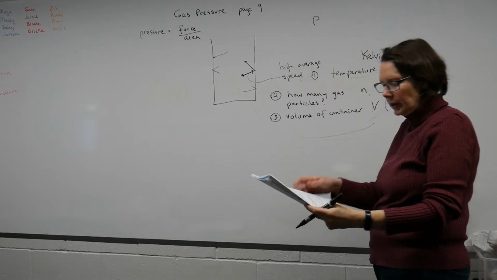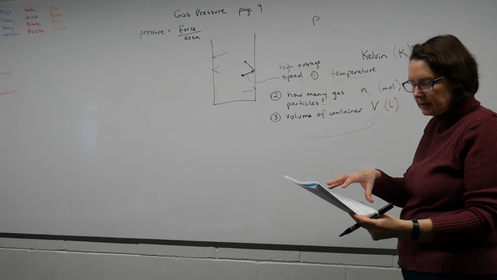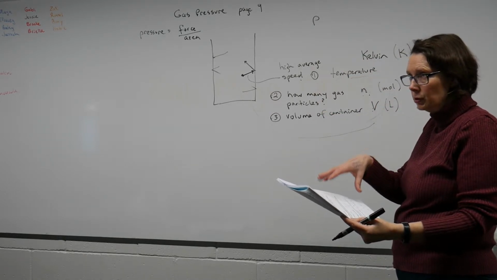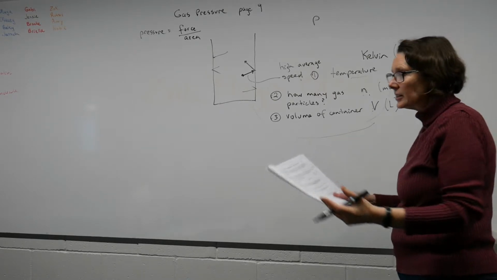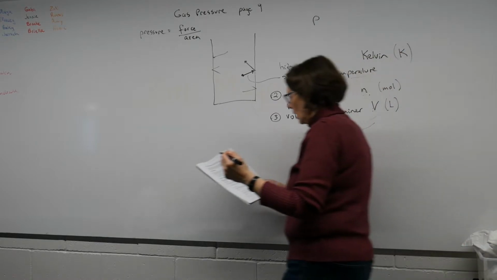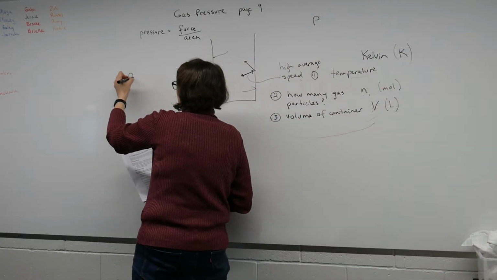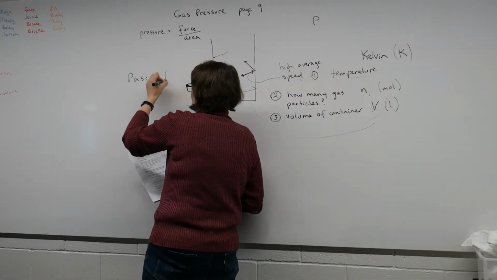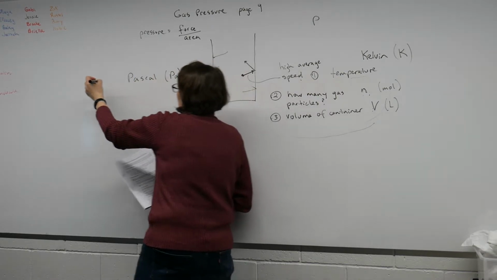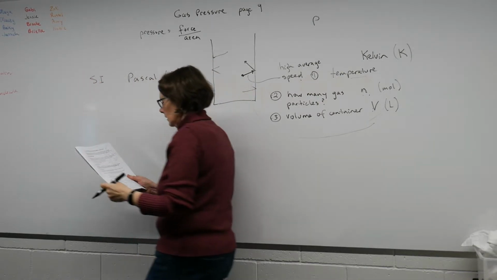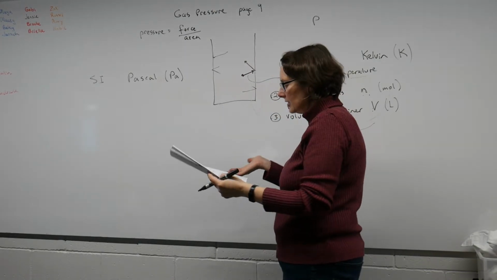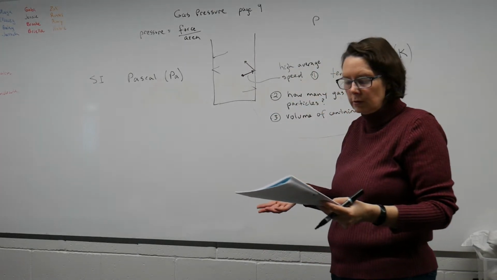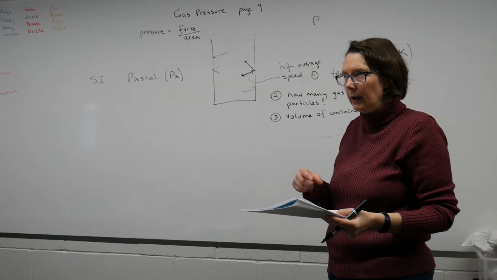And as we look at on page 9, we can see that there are a number of different units that can be used for pressure. The Pascal is the SI unit. Now, it is the equivalent of 1 Newton of force acting over 1 square metre.